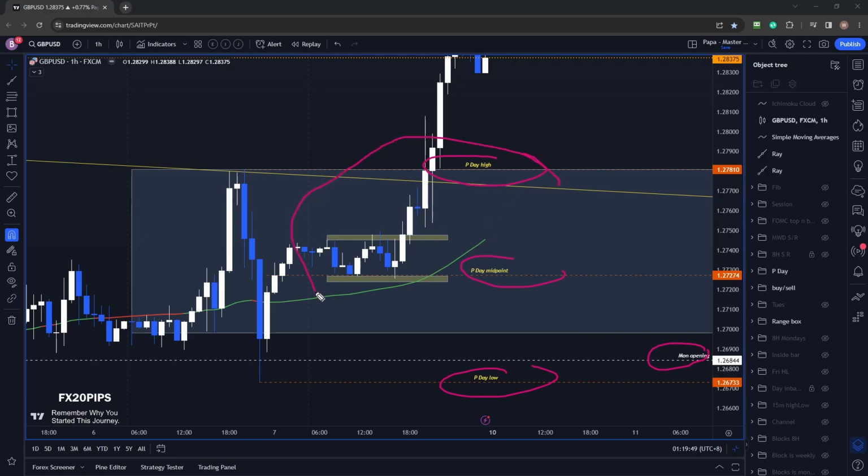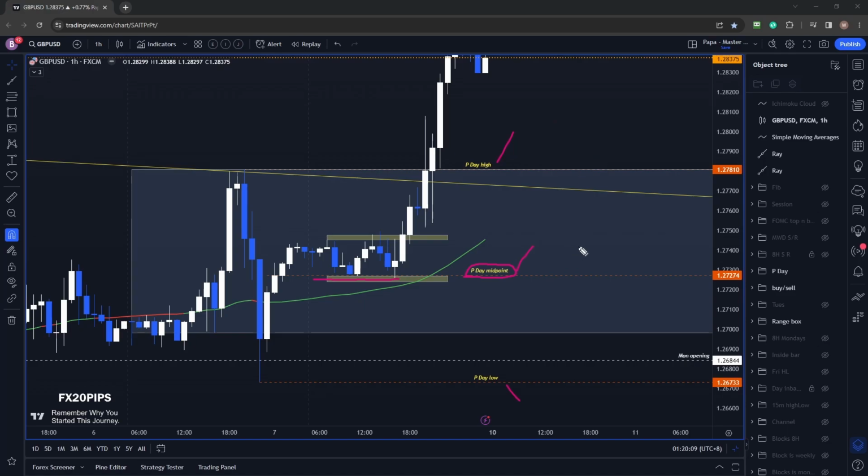Now, just by looking at this Friday, you would see that by doing the routine drawing of these lines, you can see that on Friday the price never ever dropped below the previous day midpoint.